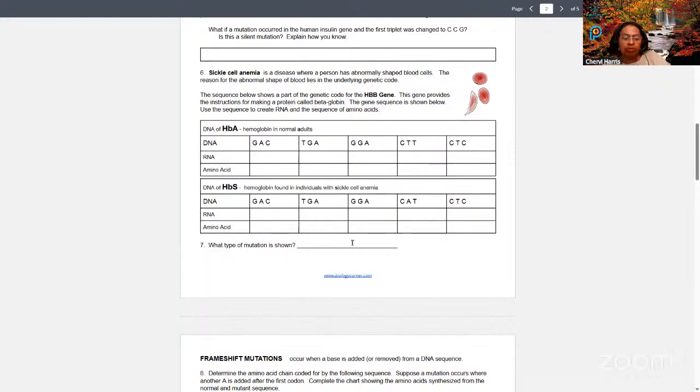It says, what type of mutation is shown? Somebody, anybody? You have a choice between point or silent. Is it going to be a point mutation or a silent mutation?